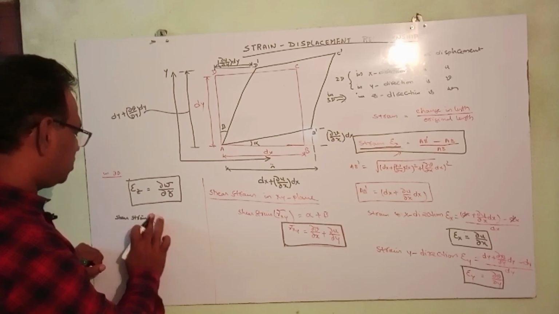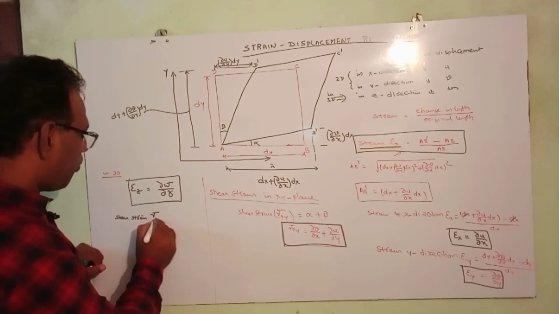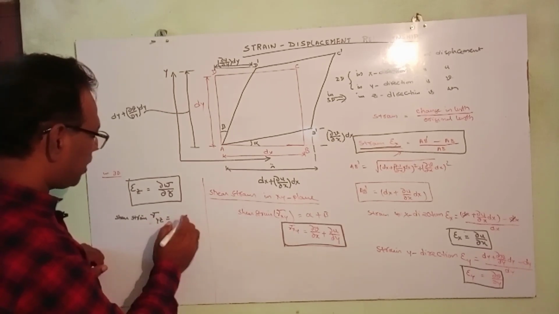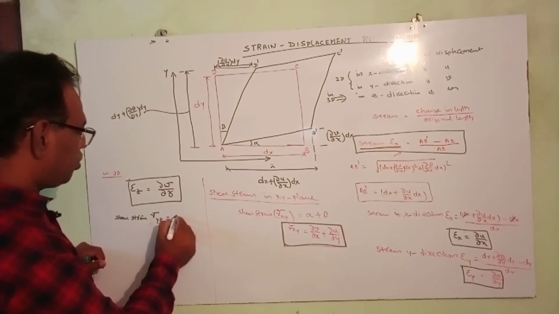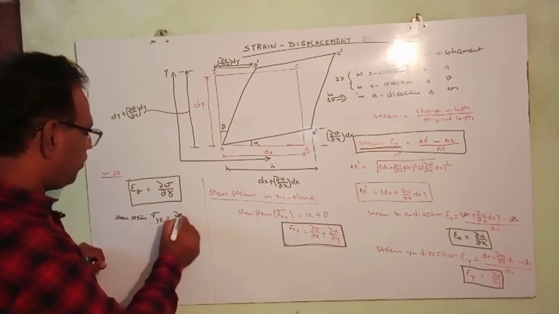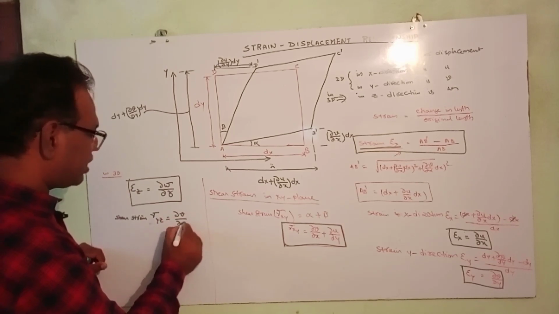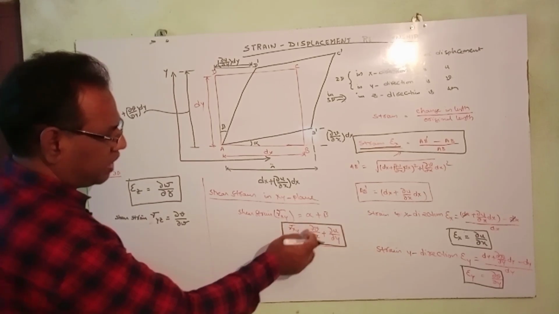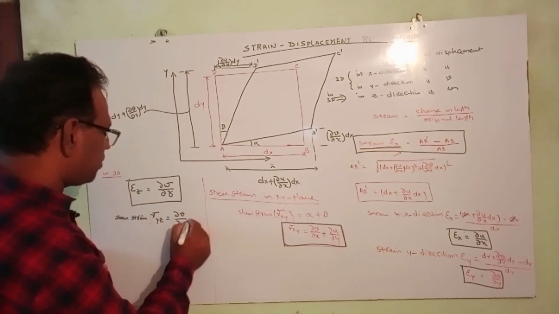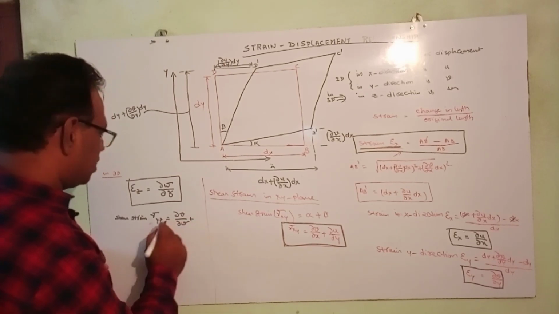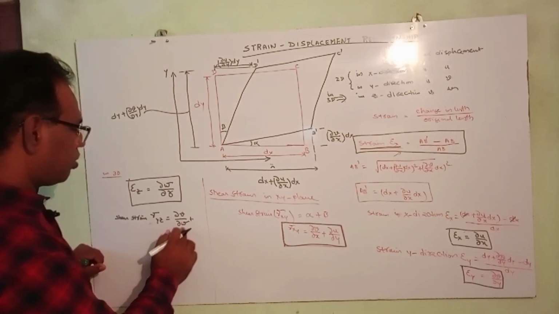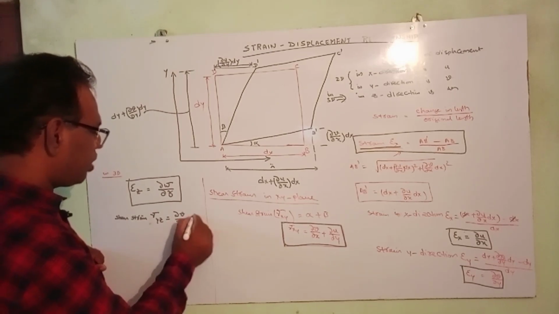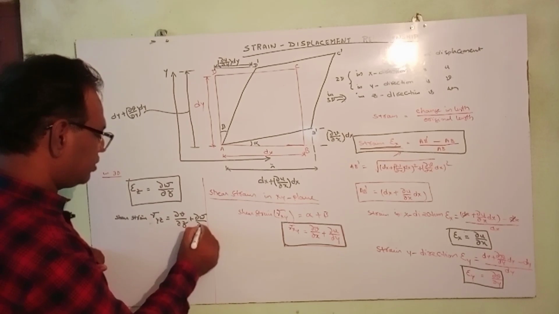The shear strain in the YZ plane, gamma YZ, is given by dou v by dou z plus dou w by dou y, observing the same pattern.